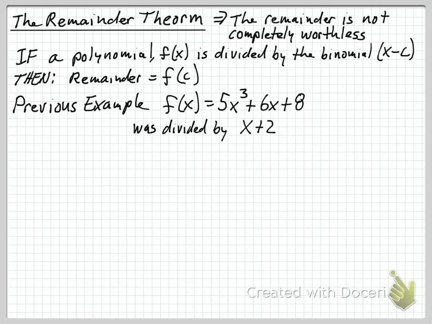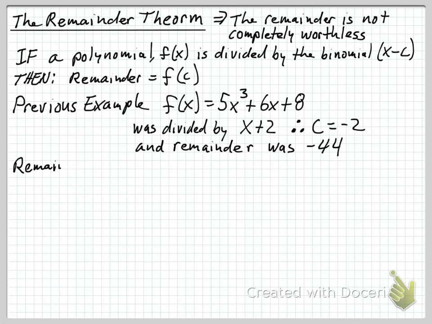Well, we got this equation, we divided by x plus 2, and we did get a remainder of 44. So here's our important numbers. All right, c is equal negative 2. That's what we're going to plug into our original function. And then when I evaluate that function at negative 2, I should get my remainder 44.